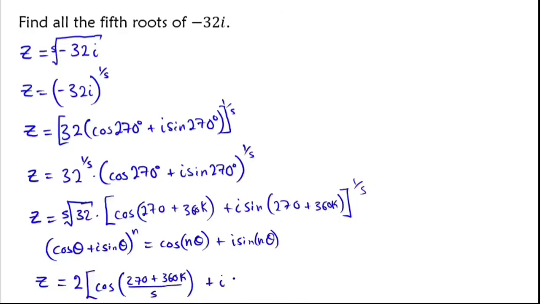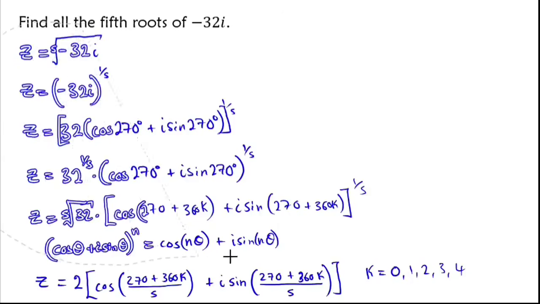Plus I sine, the same thing again, 270 plus 360k divided by 5. And just so you know, this k we're talking about takes the values 0, 1, 2, 3, and 4, because this will give us the 5 roots that we're looking for.